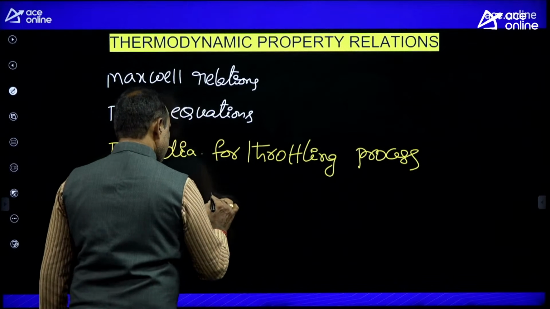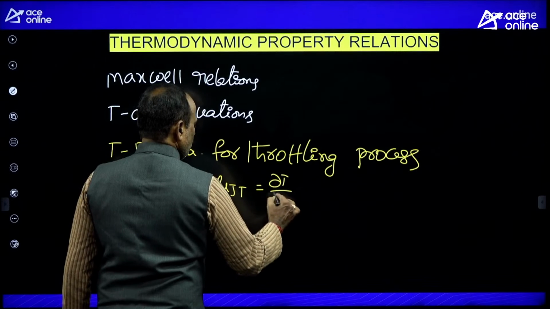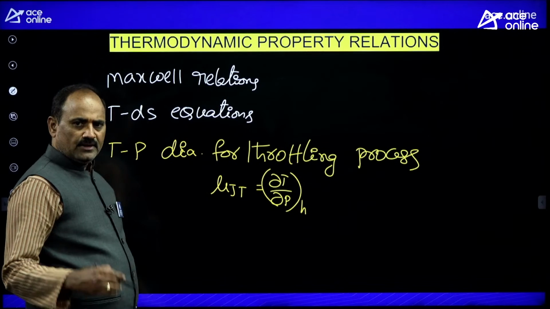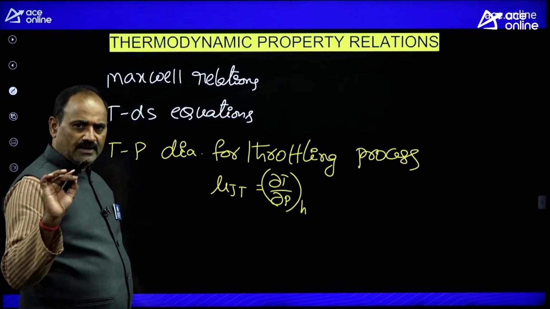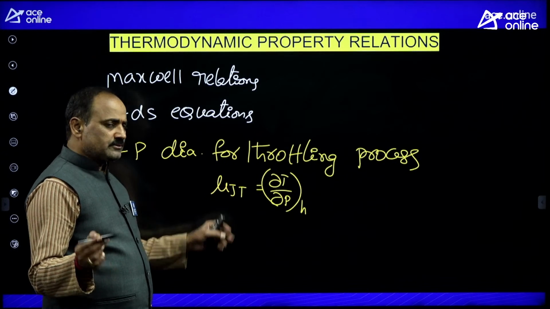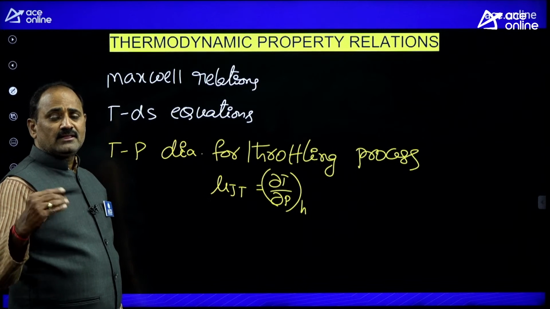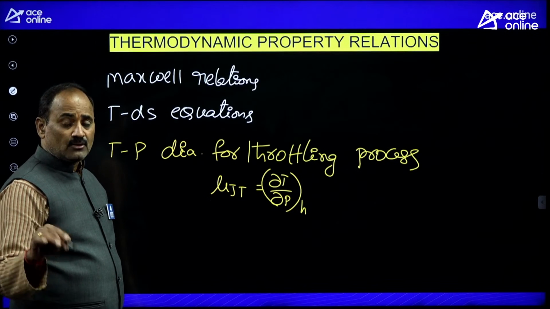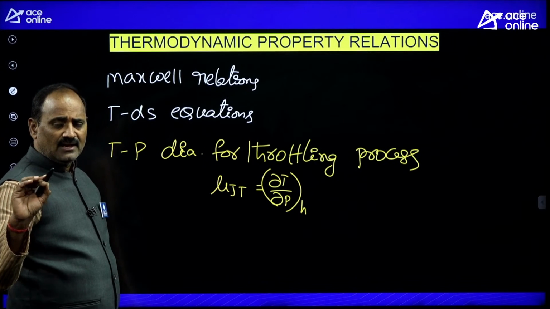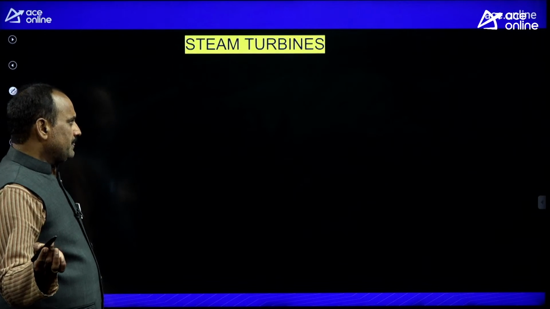And try to practice the Joule-Thomson coefficient, mu_JT equal to dou T by dou P at constant enthalpy. Right? Joule-Thomson coefficient for real gas, Joule-Thomson coefficient for ideal gas, what is the meaning of inversion point, what is the Joule-Thomson coefficient for warming process, what is the Joule-Thomson coefficient for cooling process, and what is the meaning of inversion curve, etc. Or what is the maximum and minimum inversion temperature limits for a particular kind of real gas or refrigerant.